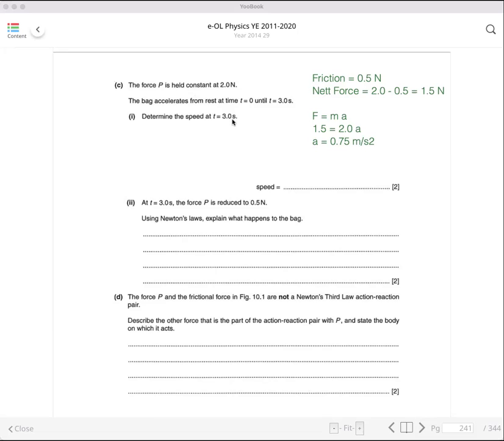Yiting, well done. Wei Guan, how about you? What's your answer? What's the formula used for acceleration?